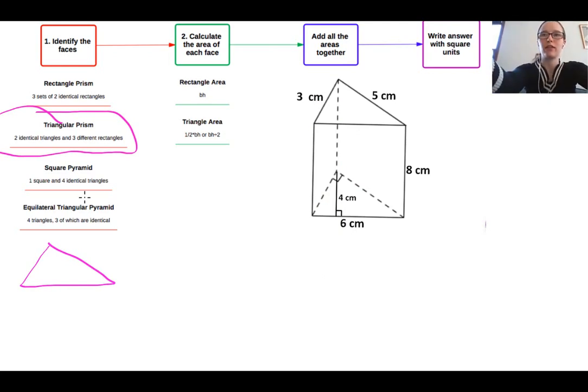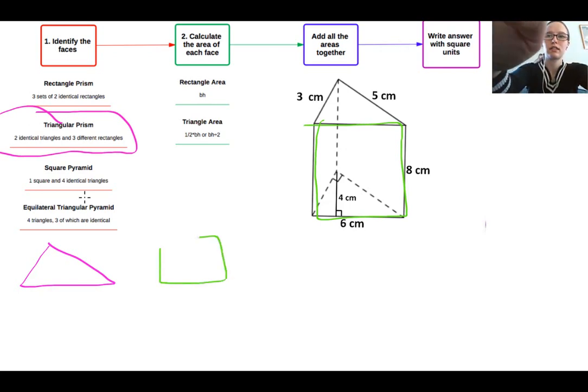One of them right up front, I'm going to do in green, has a base of 6 centimeters and a height of 8 centimeters.